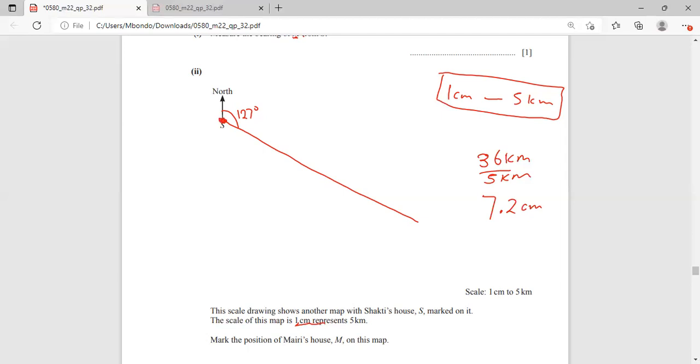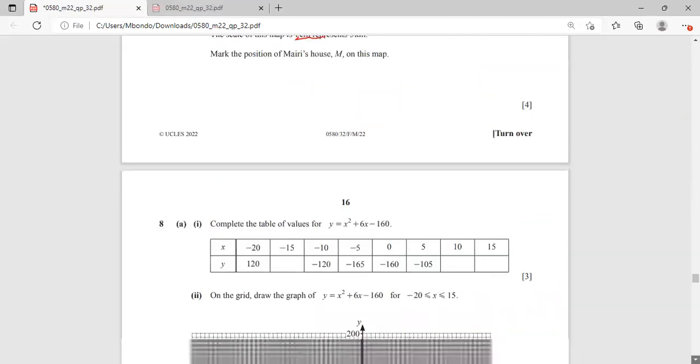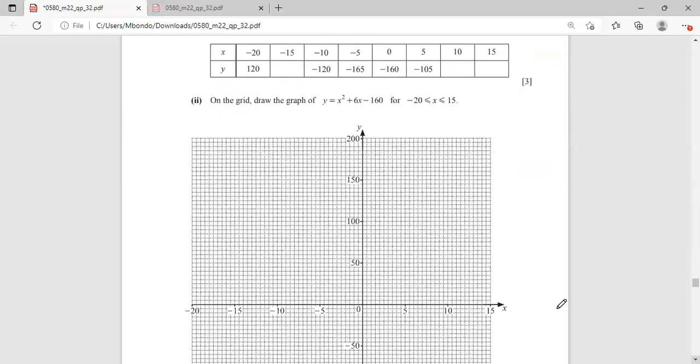You put your ruler with the 0 here and measure. At the point where you have 7.2, that is where your M is going to be placed. I hope that is clear.